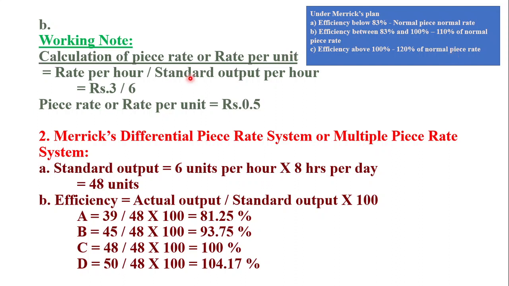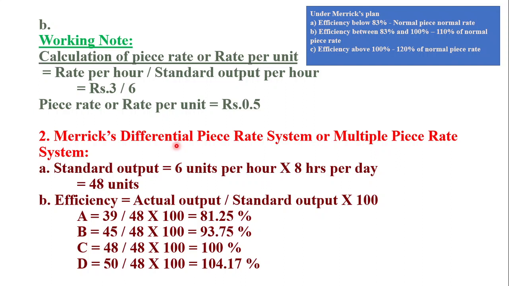Before that we have to calculate the rate per unit. Already we have calculated this rate per unit at the time of calculating the wages under Taylor's differential piece rate system. That is rate per hour divided by standard output per hour, that is 3 divided by 6. Piece rate or rate per unit is rupees 0.5.